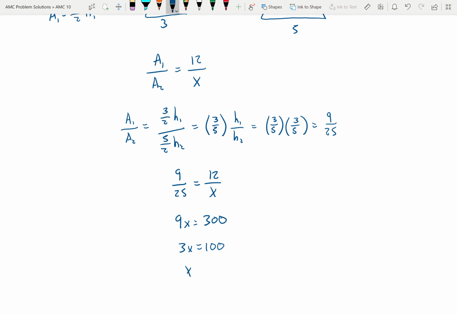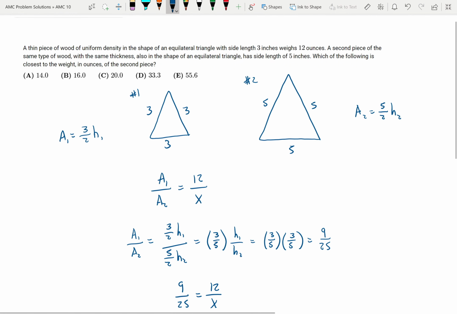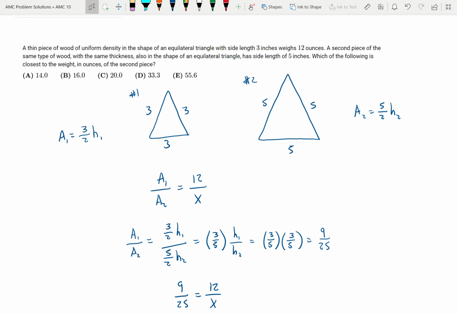Then we get x equals 100 thirds. 100 thirds is equal to 33.33333. So therefore, the weight in ounces of the second piece is about 33.3 ounces.